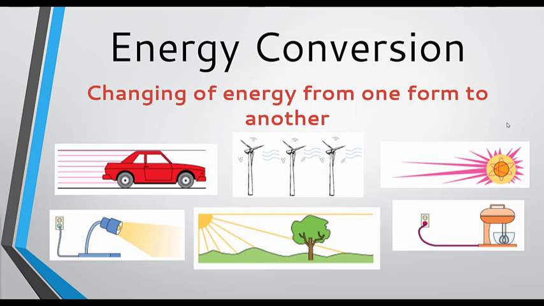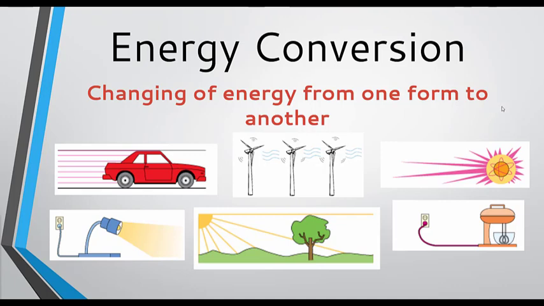Wind turbines take the mechanical energy of wind to spin the turbine and create electricity. A tree takes in sunlight, which is electromagnetic energy, and that changes into chemical energy in the form of sugar.